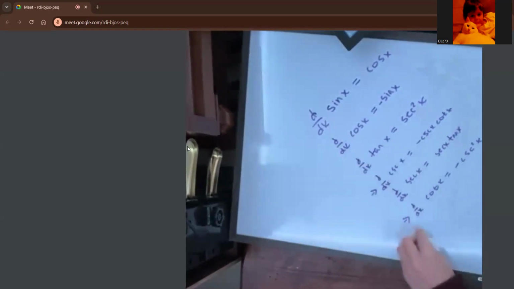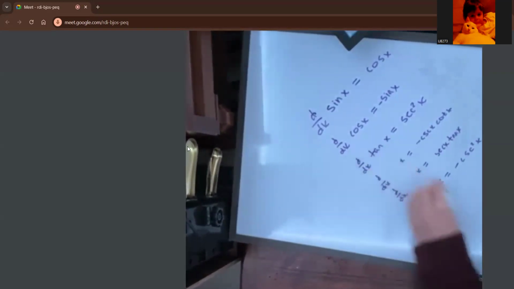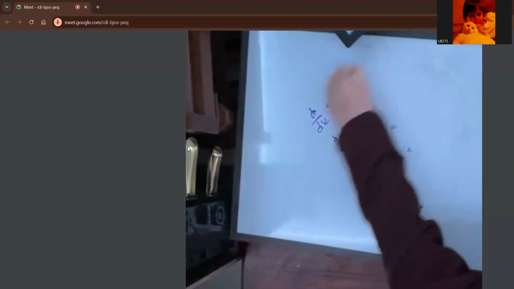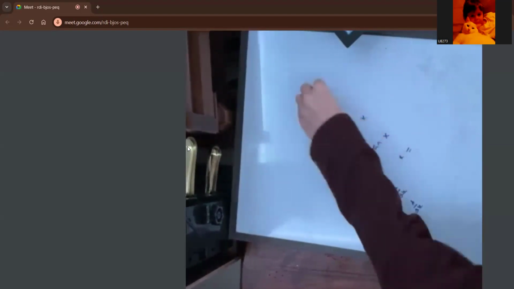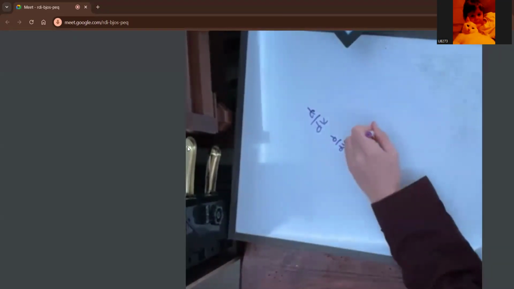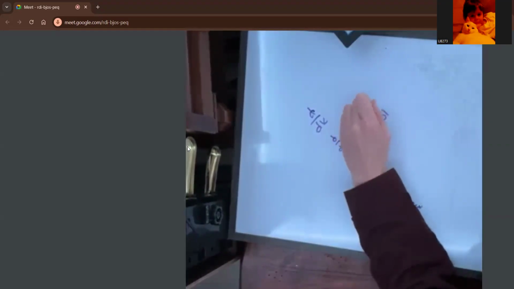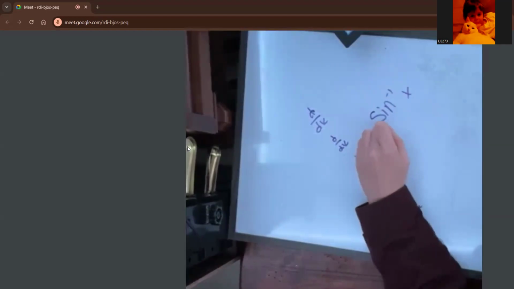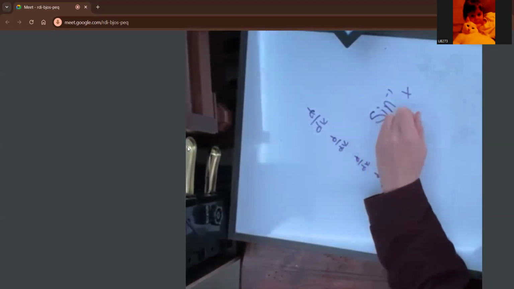Now we'll do the other 6, which happen to be the inverse trigs. Which, remember, you can write as, if we're doing this, that's the same thing as arc sine x.